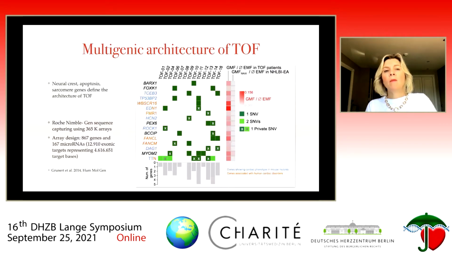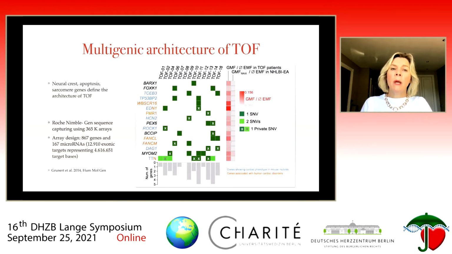Instead, we have a multigenic architecture. And this is a study we did. It's now also really old, I would say. It's 6-7 years ago. But it has been the first study to show that tetralogy of Fallot is not a single genetic disease, it's a multigenic disease.